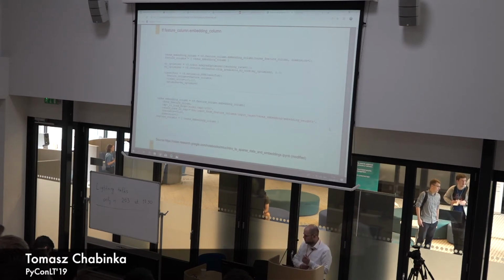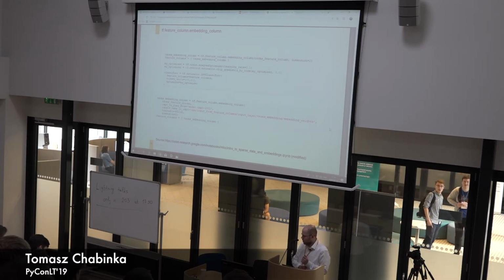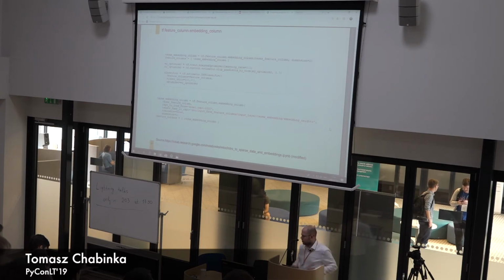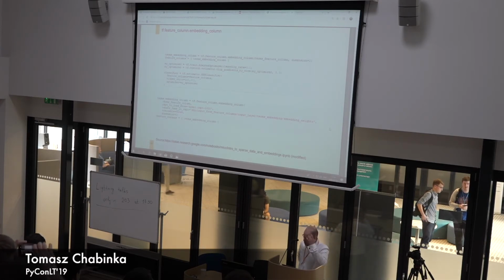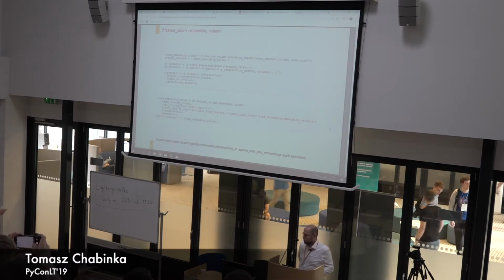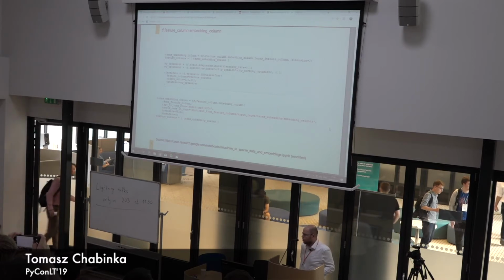I think TensorFlow is the most popular library now for machine learning when we use neural nets, and embeddings are trained with neural nets, so it's quite popular to use TensorFlow to train embeddings, and it's quite easy.